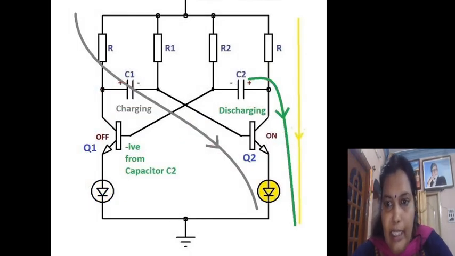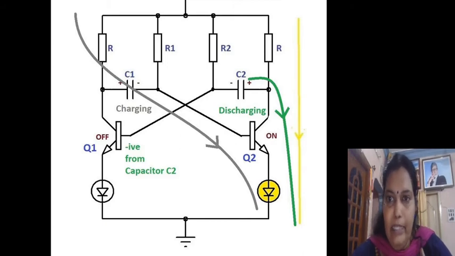Now come to the next case. Here the negative voltage from the capacitor C2 turns off the transistor Q1, and the capacitor C1 starts charging from VCC through the resistor and the base-emitter of the transistor Q2, thus the transistor Q2 remains in the on state.